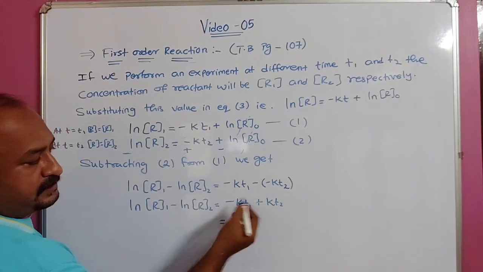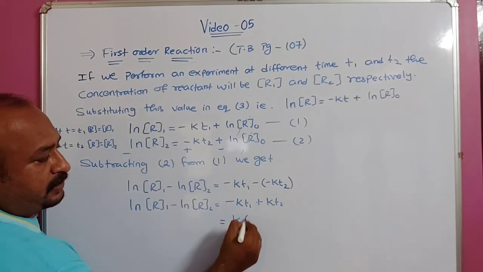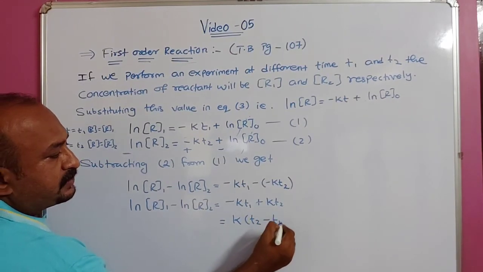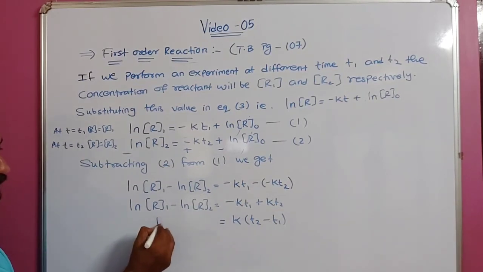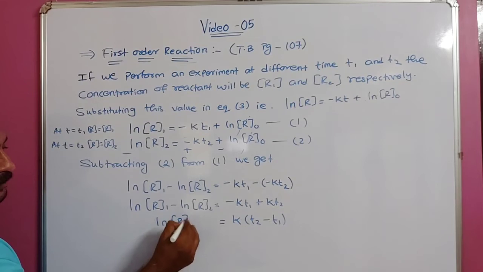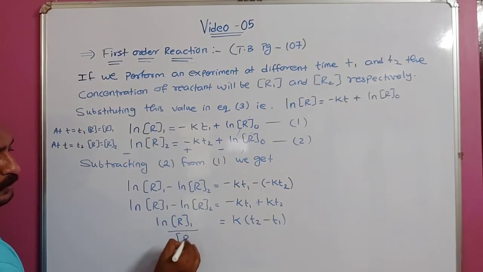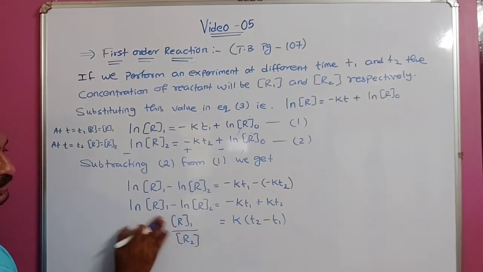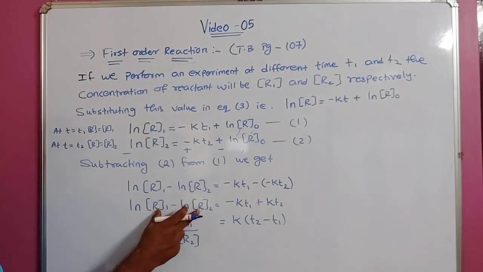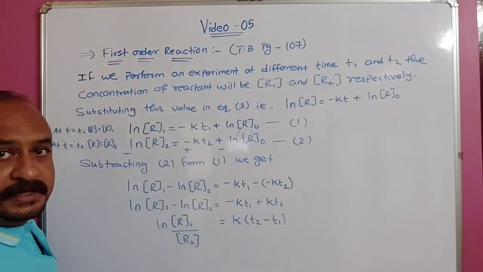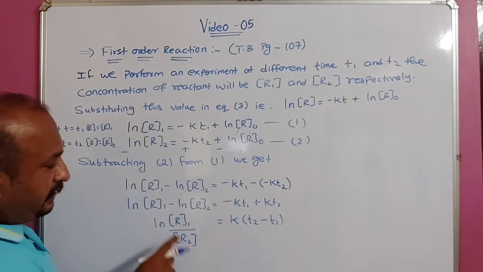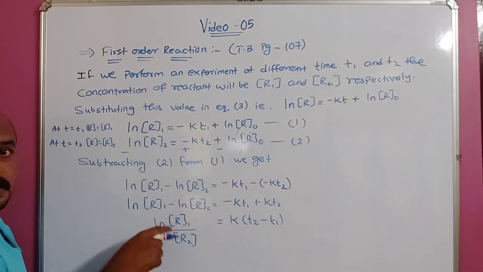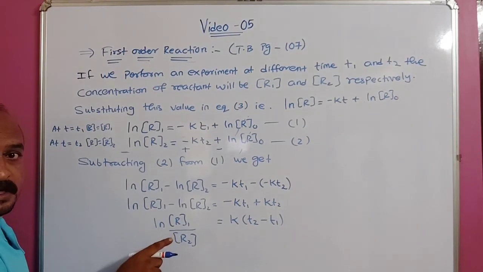I will now interchange this and take K common, so it will be T2 minus T1. Understood this part? And here it will be ln R1 upon R2, since ln is common. This is the identity of a logarithm, division and subtraction, which I think you must have studied in 9th standard.